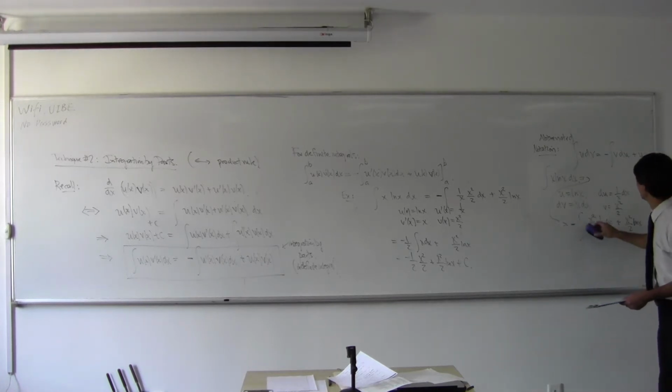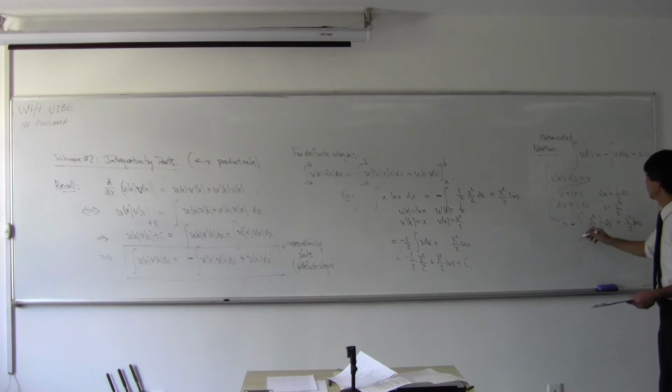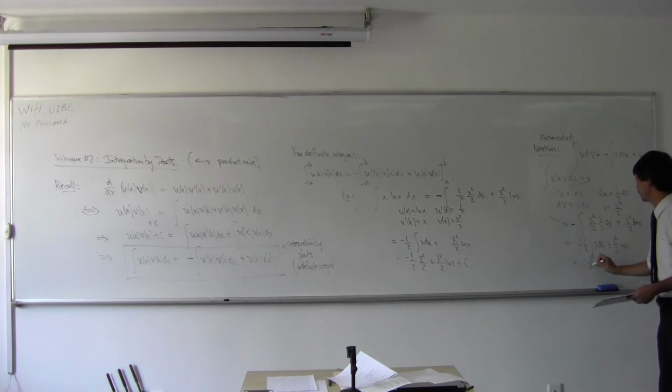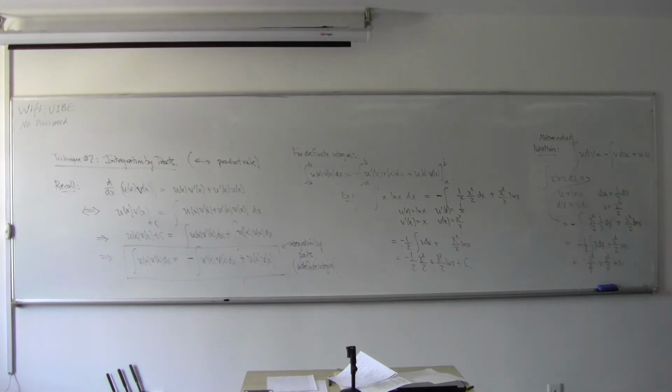In other words, negative 1/2 the integral of x dx plus x squared over 2 natural log x. In other words, negative x squared over 4 plus x squared over 2 natural log x. So we're doing the same thing. It's just a notation.